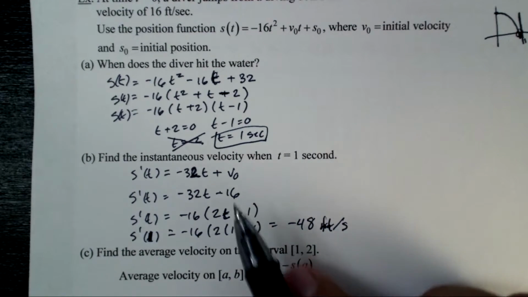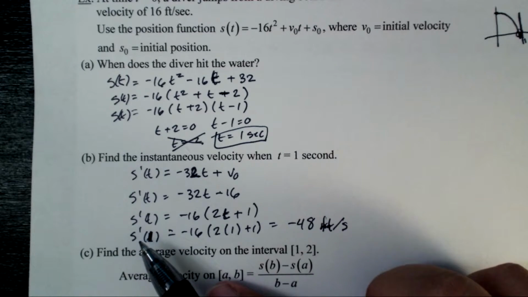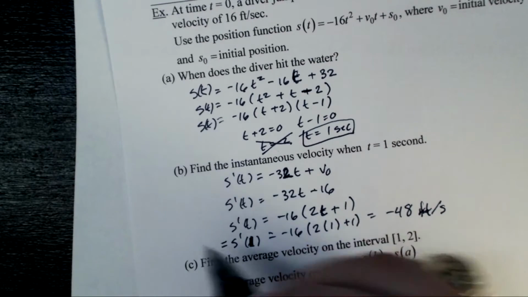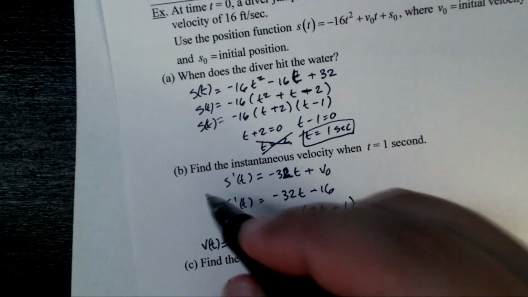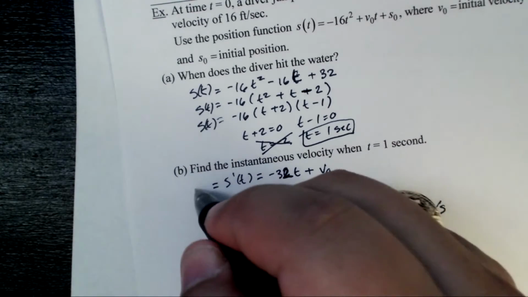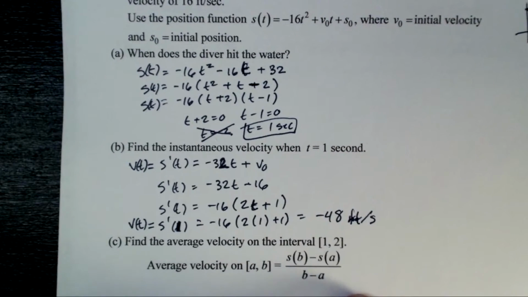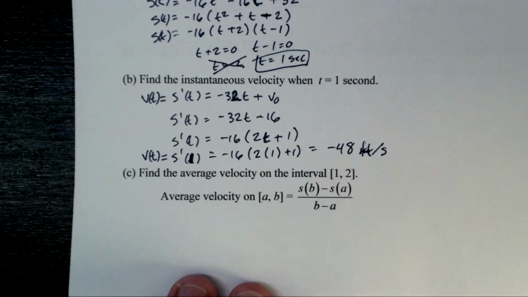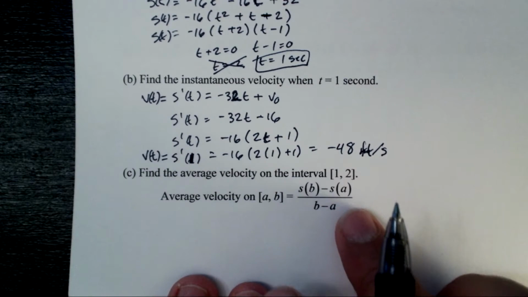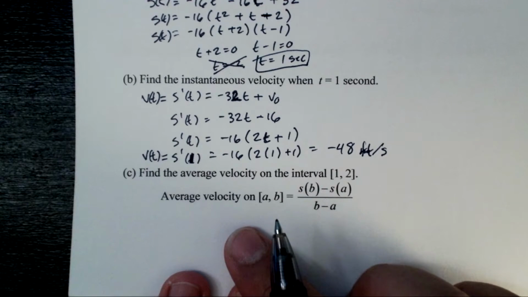So since we found velocity by finding the derivative of position, what that tells us is that the derivative of position is velocity. Then the last step is to find the average velocity on the interval 1 to 2. Now, average velocity is just average rate of change.